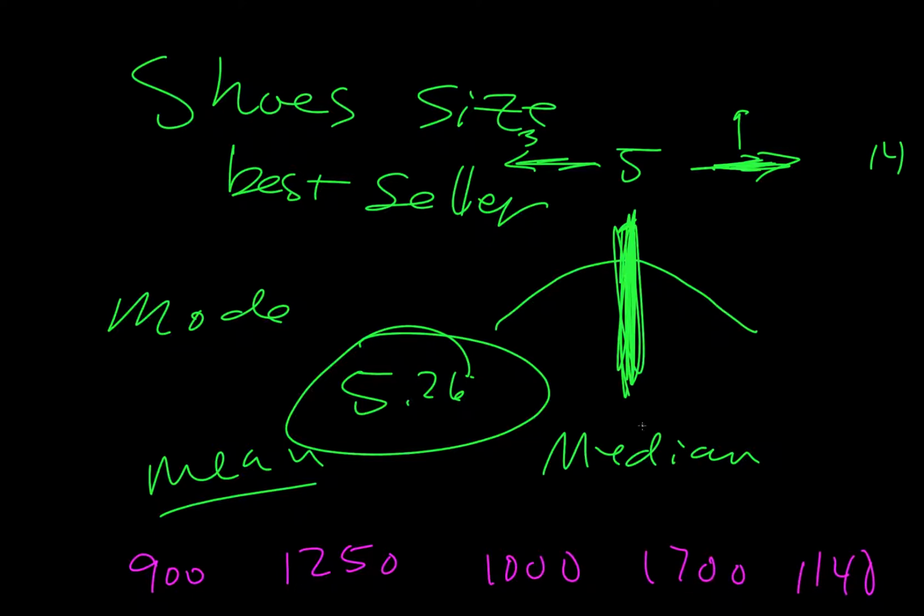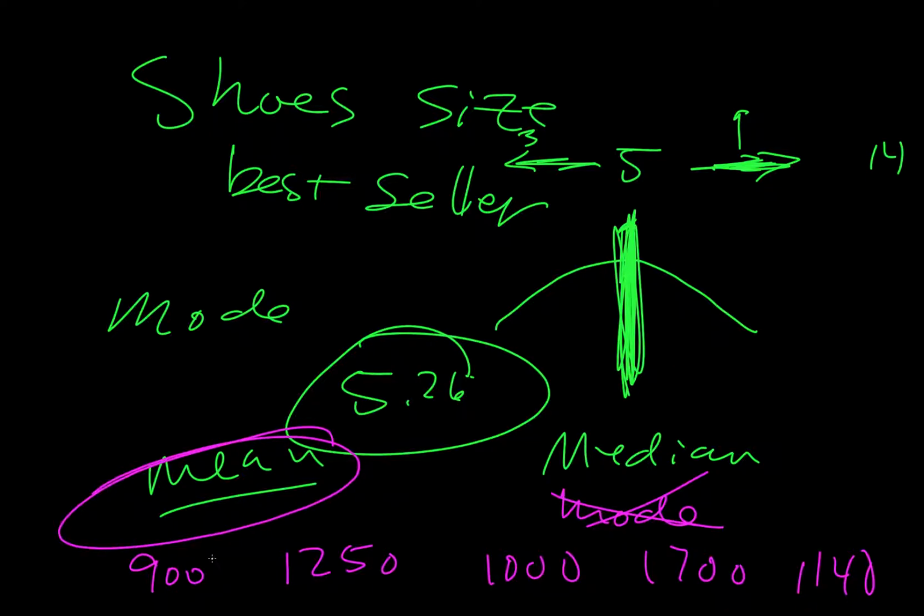Okay, so the mode doesn't make sense because they're all different amounts, so the mode is not useful. The mean is a good measure because we just want to know average sales, and so that will tell us about how much we make per sale, and that's pretty good.